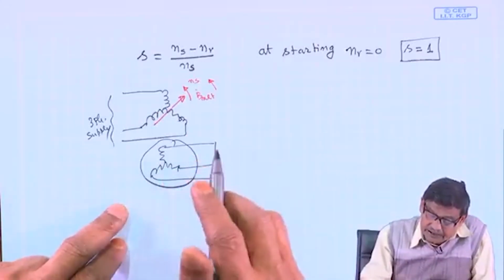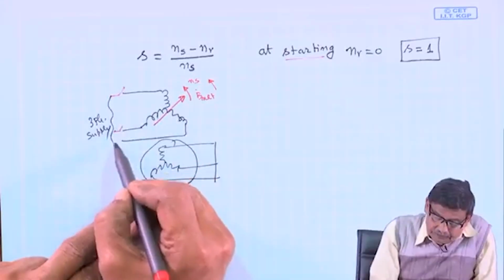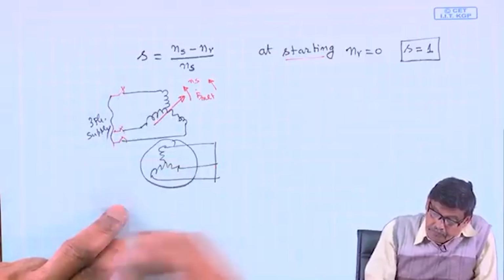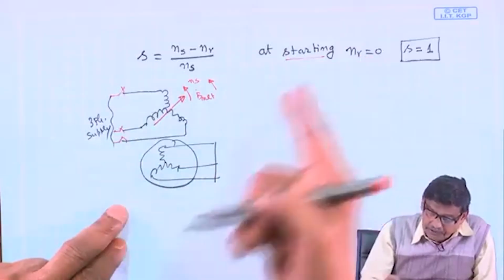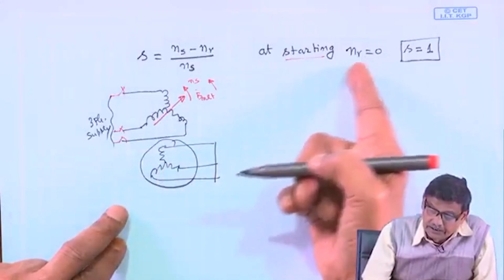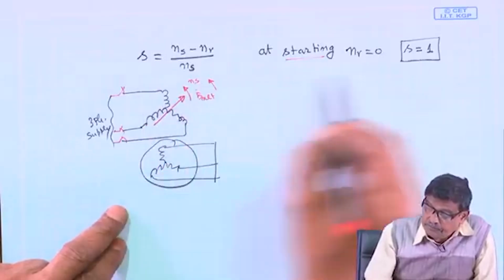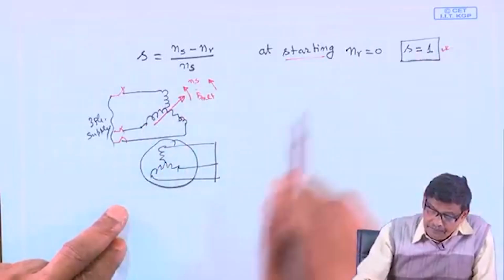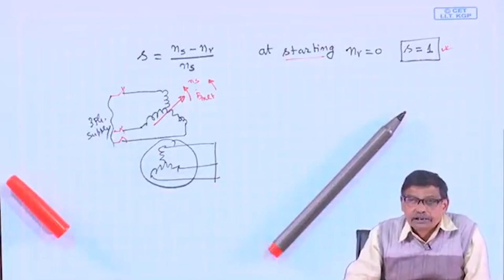So, at the point of starting, when you close this switch, Nr equal to 0, at t equal to 0 plus also speed is 0, that is why Nr equal to 0, and slip is 1, like this.